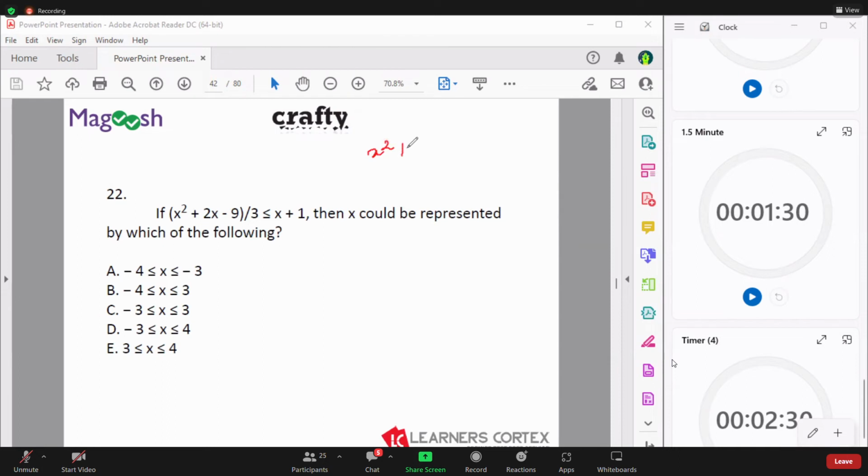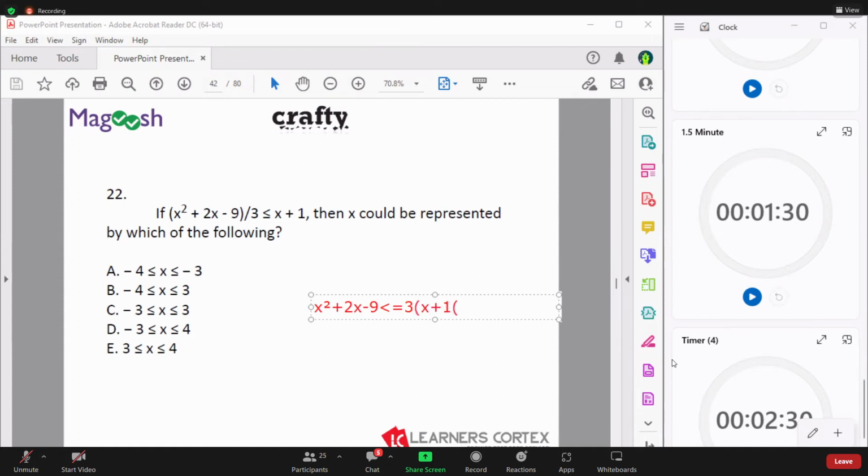So x squared plus 2x minus 9 is less than or equal to 3 times x plus 1.